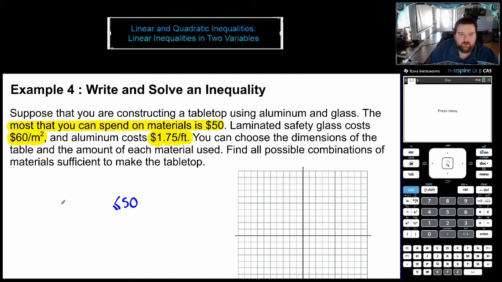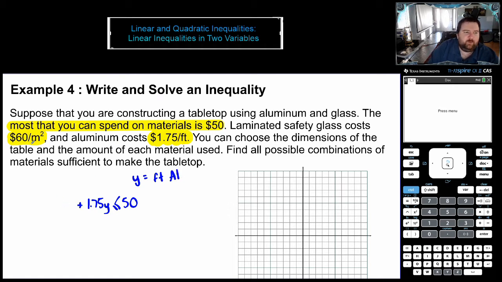And then what do we have here? Aluminum costs $175 per foot, and we're going to put that as a y. So y is feet of aluminum.